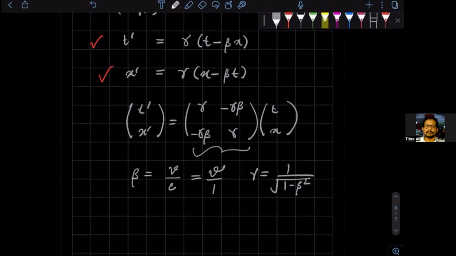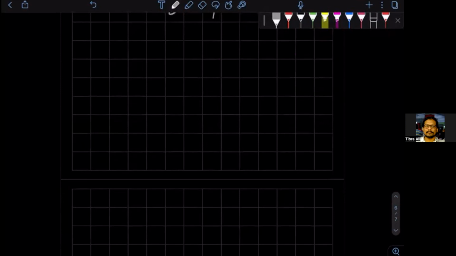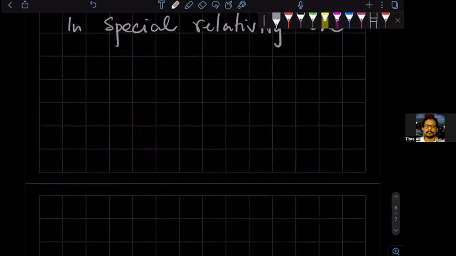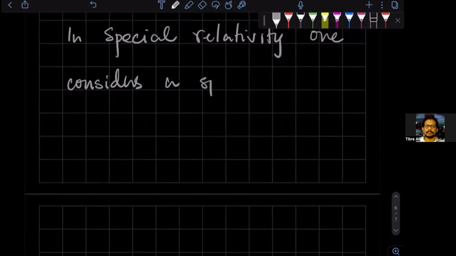Okay, so let me define the Lorentz group. So in special relativity, now one considers a space-time.